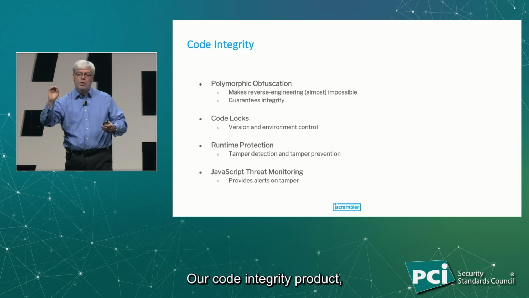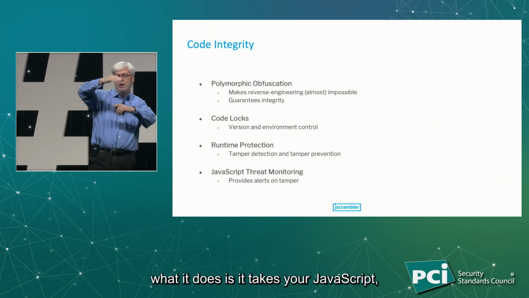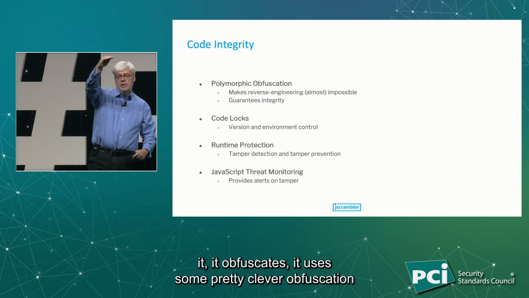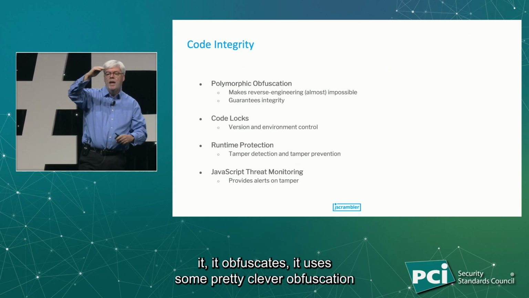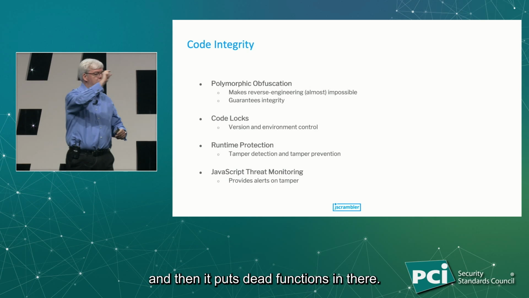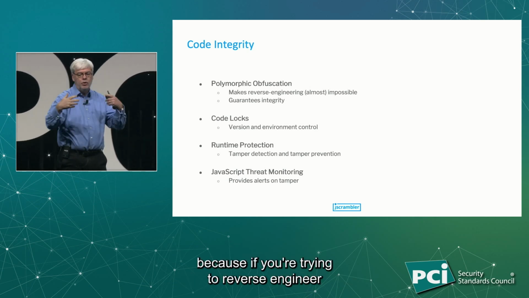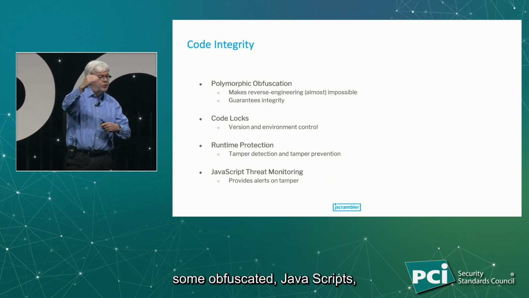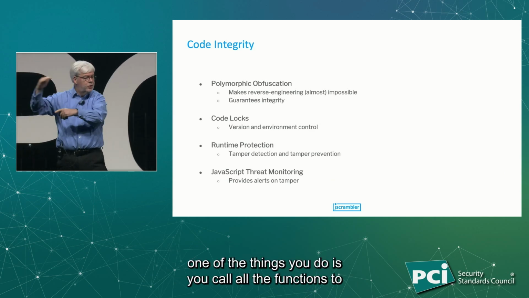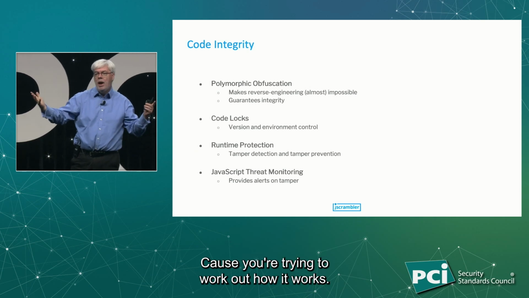Our Code Integrity product takes your JavaScript, it obfuscates it, it uses some pretty clever obfuscation, and then it puts dead functions in there. If you're trying to reverse engineer some obfuscated JavaScript, one of the things you do is you call all the functions to see what they do, because you're trying to work out how it works.